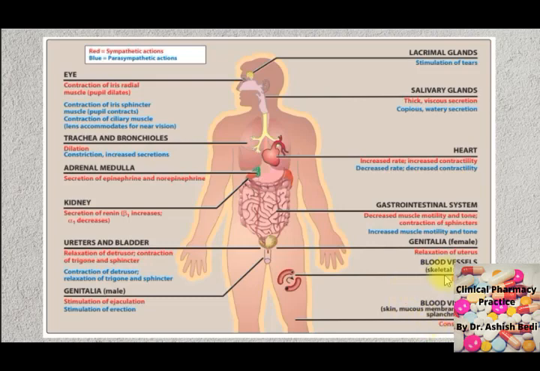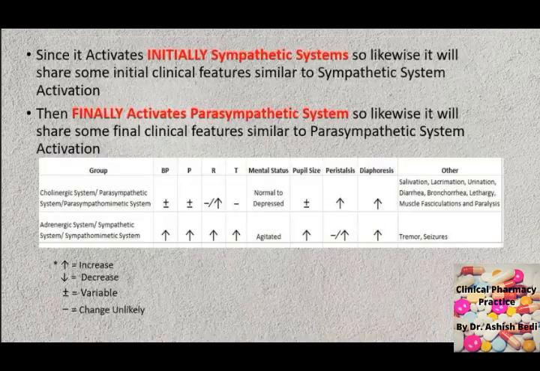So you can understand that if the blood vessels are constricted in the sympathetic nervous system, the sympathetic nervous system raises the BP. But if the parasympathetic nervous system activates, it will cause hypotension. So you can correlate with these clinical features as you go further.